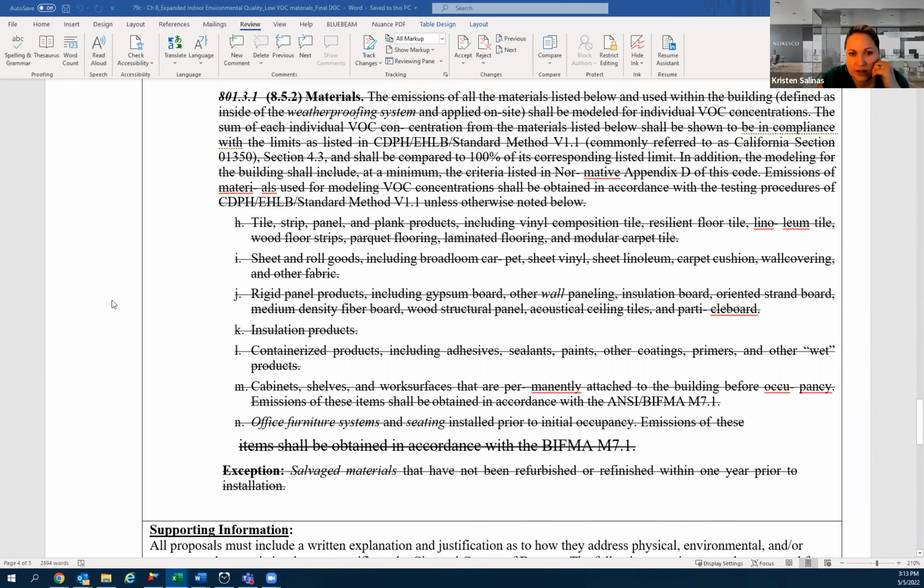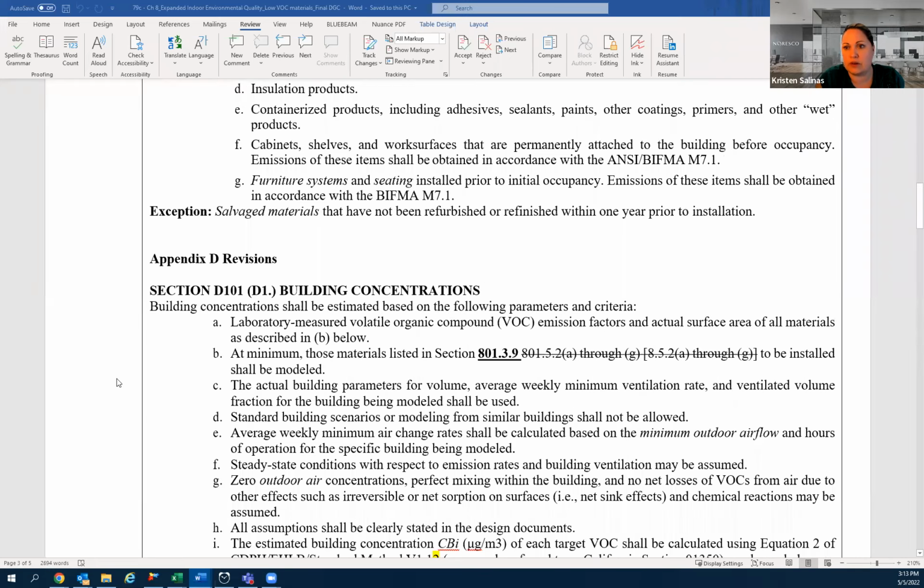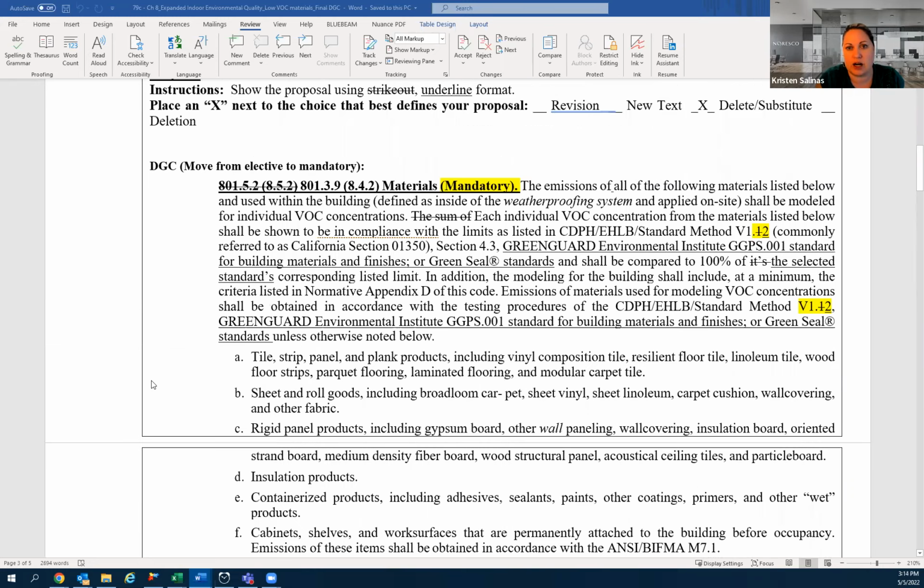So this would just be to align the two codes and to backfill what didn't get approved in the IBC. And so I don't think that there's too much here to review and approve, because it was really something that was previously included in the DGC. And I don't know if Courtney or Eric or Christy want to address how we're going to allow this for the residential versus commercial buildings for DGC versus in base code.